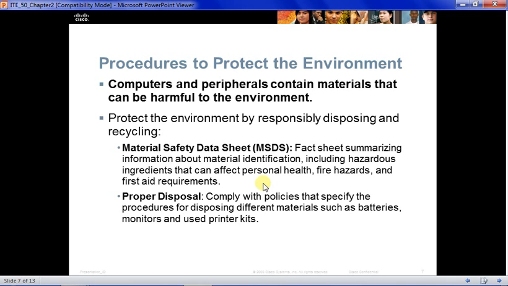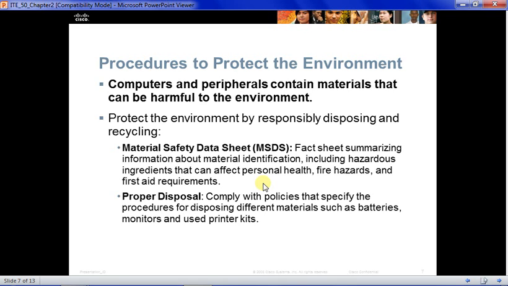There is a material safety data sheet. There is a file that you can download in the reading material. You want to print that out and look at it, or at least bring it up on your screen. Usually this sheet will summarize what materials contain hazardous materials and how they can affect personal health, whether they cause fire hazards, and any first aid requirements.